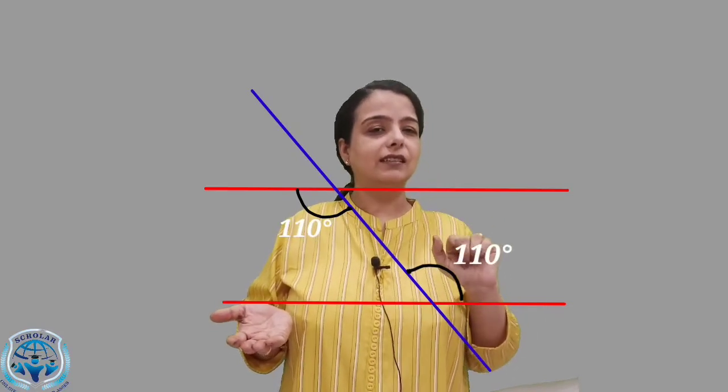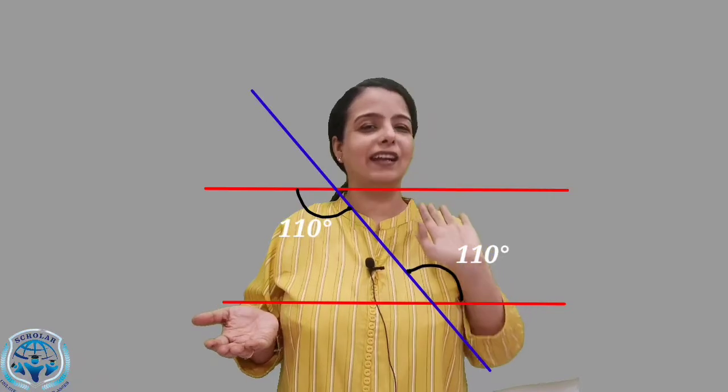You can easily write that the unknown angle is equal to the known angle, because both lines are parallel and these are alternate angles. So this is the way to solve the questions.